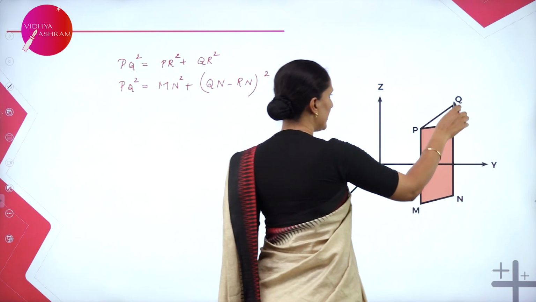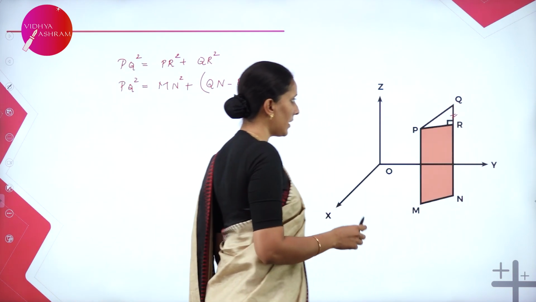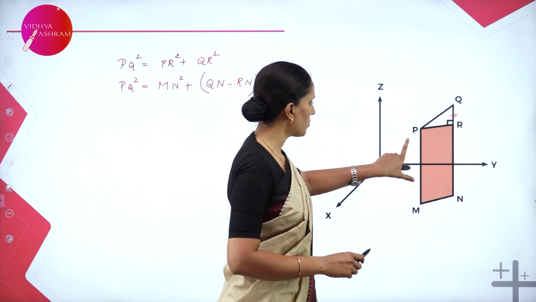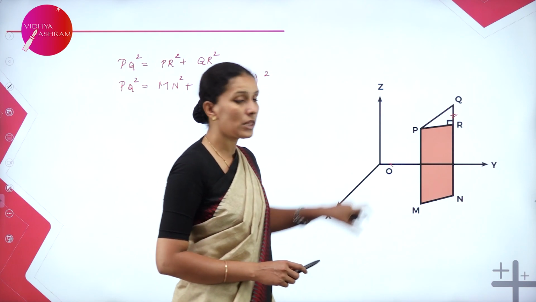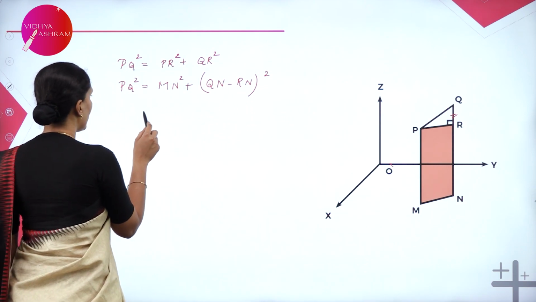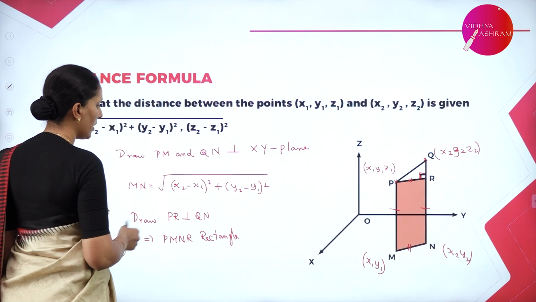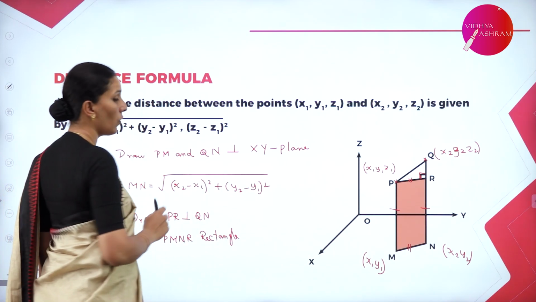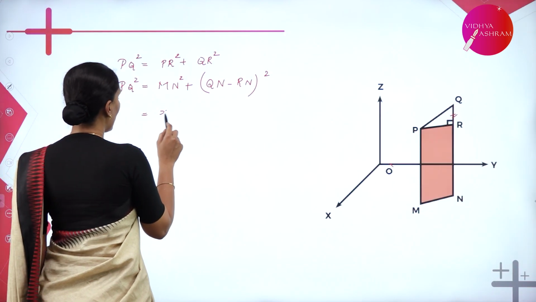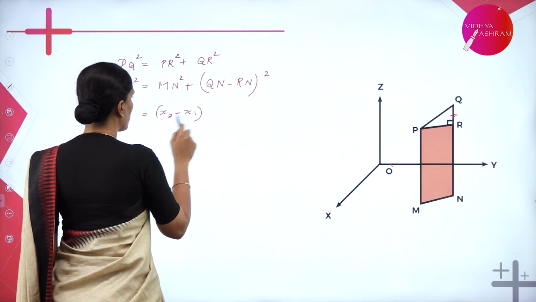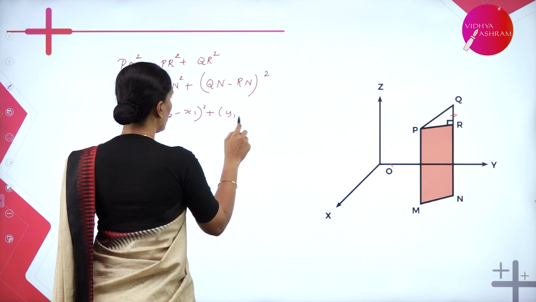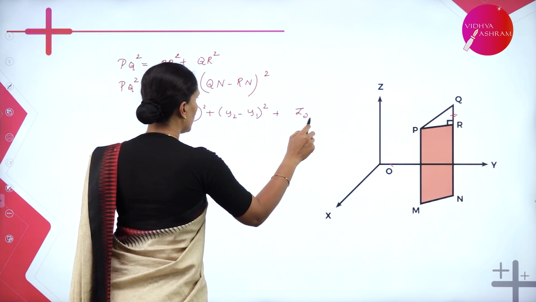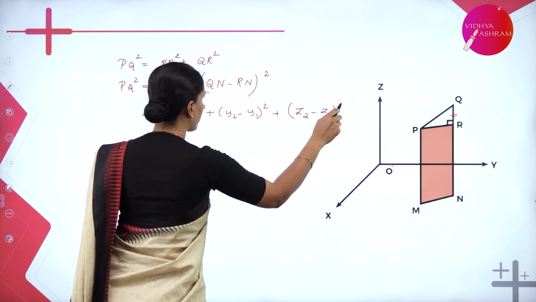Here, this QN is nothing but Z2 and RN is nothing but Z1. So this is the distance which is equal to PM, which is the length Z1. Therefore, MN square from this equation can be written as (X2 minus X1) whole square plus (Y2 minus Y1) whole square, without the square root, and here I can write (Z2 minus Z1) whole square.